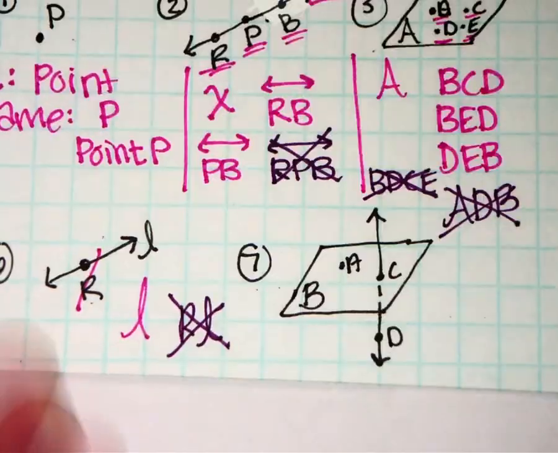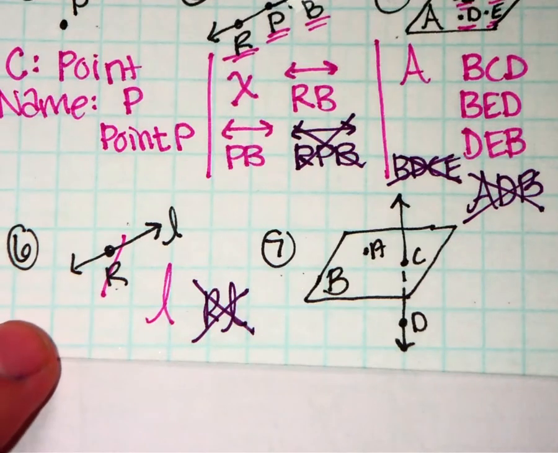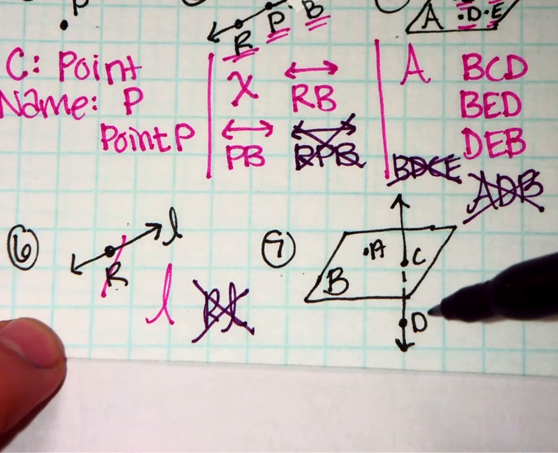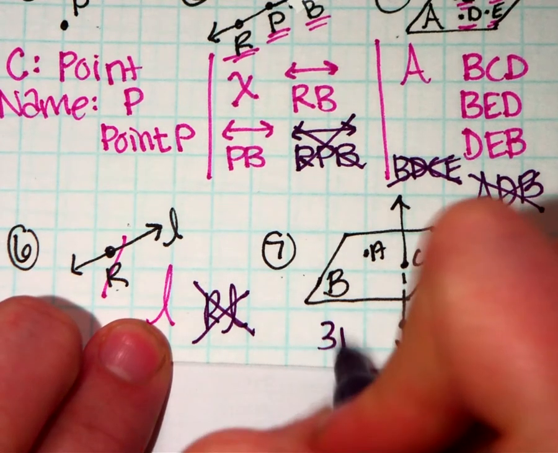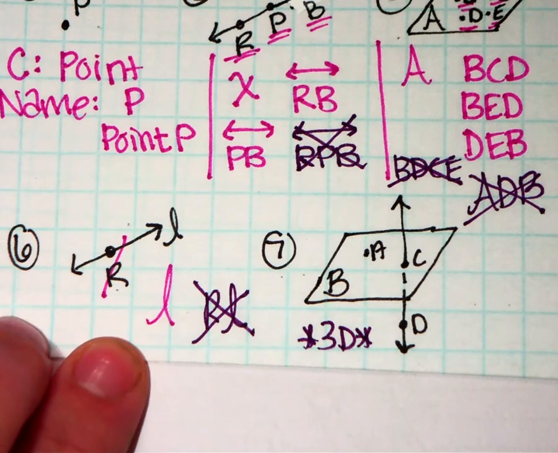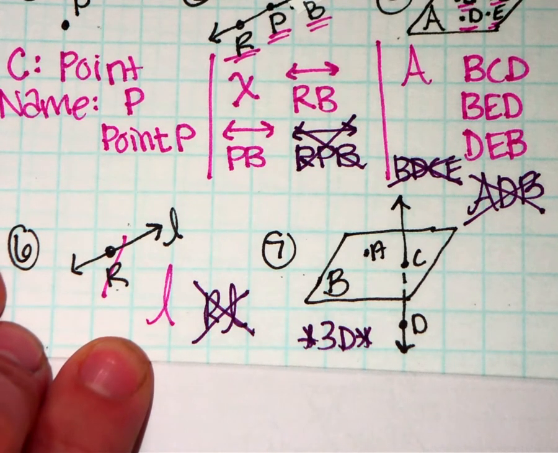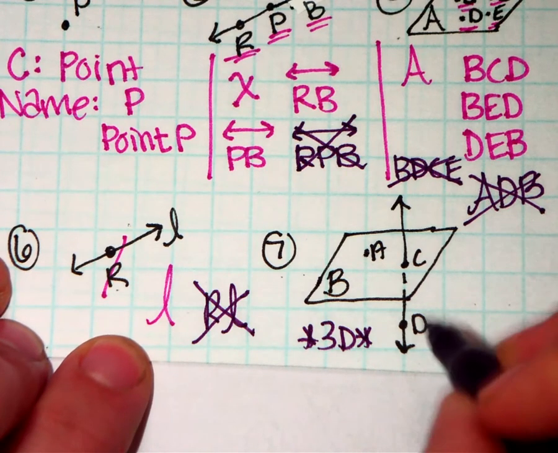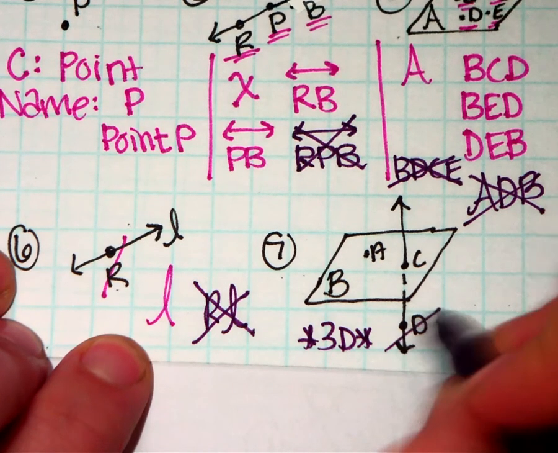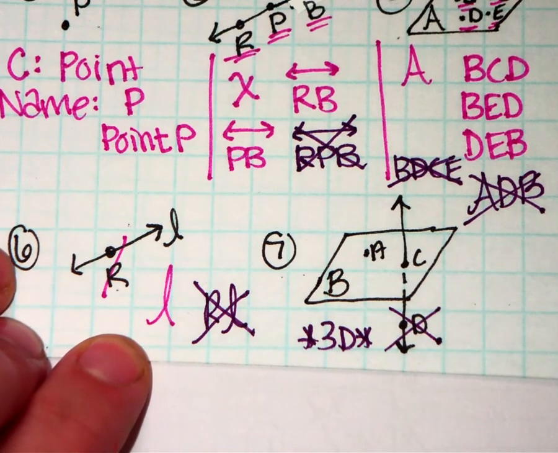Same idea with number 7. Now on number 7, that's a plane, and notice how this picture goes from solid to dotted. That lets you know that this picture is a 3D drawing, and what you want to do here is you can only use the points that are located on the plane to properly name it, which means D is actually sitting below plane B. So we cannot use D in our naming.